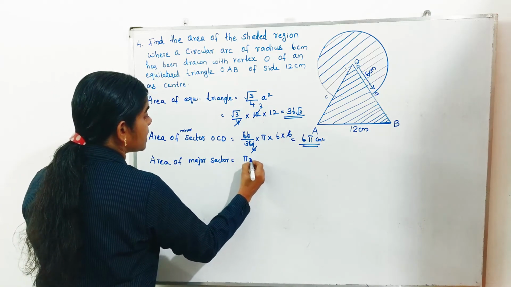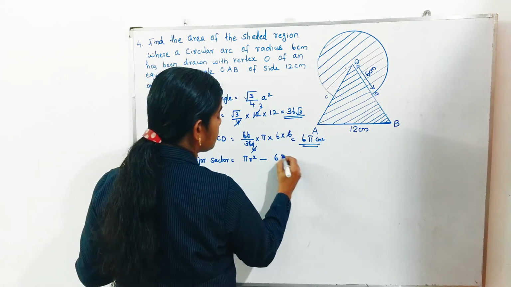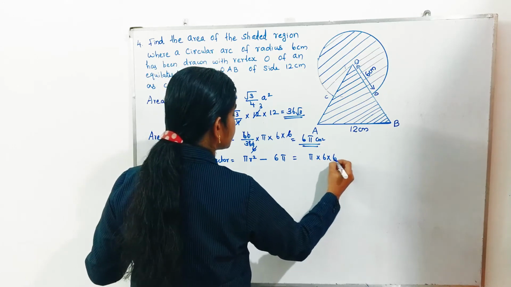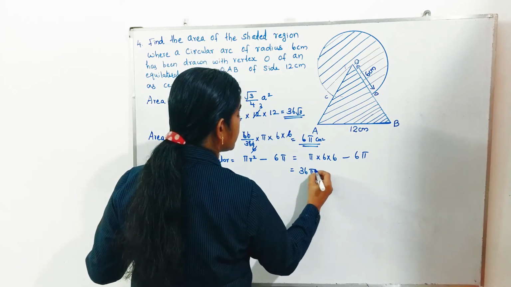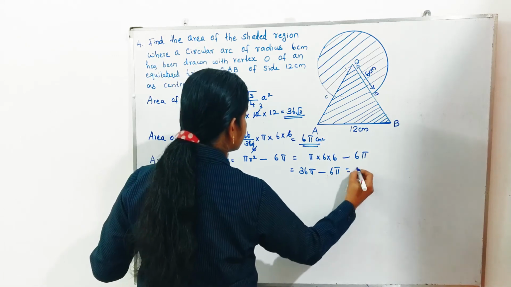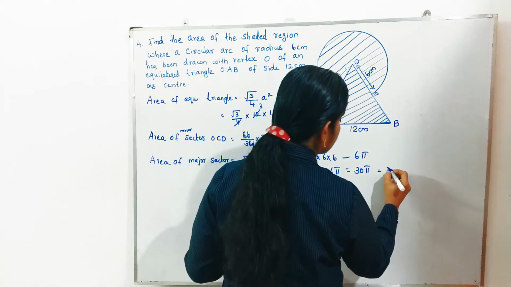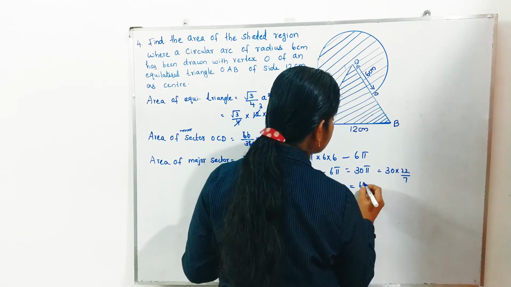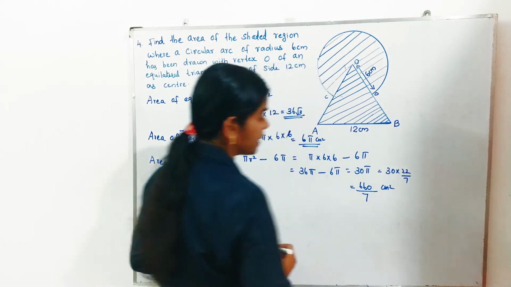That will be pi r square minus area of this minor sector. That is 6 pi. That is pi into 6 into 6 minus 6 pi. That is 36 pi minus 6 pi, that is equal to 30 pi. That is 30 into 22 by 7, that is 660 divided by 7 centimeter square.